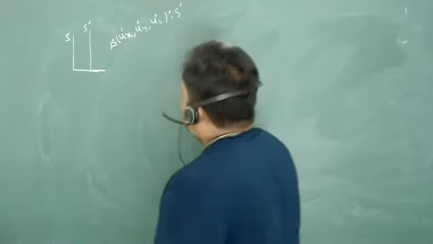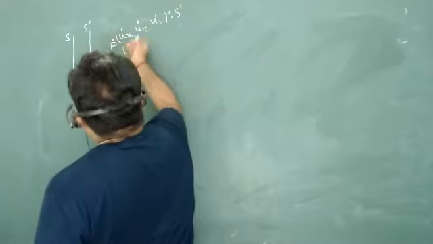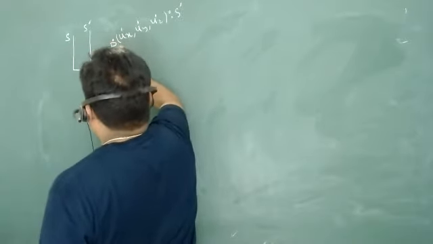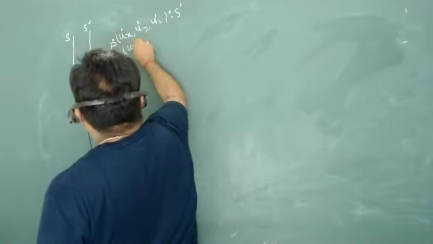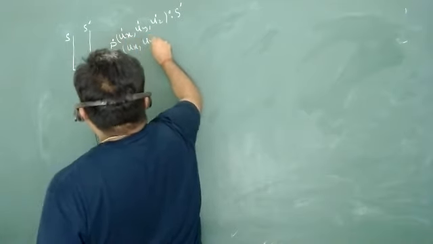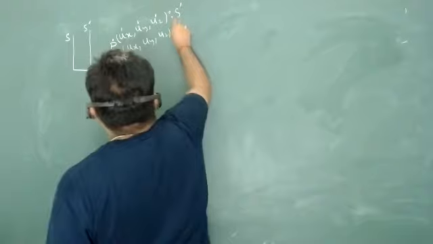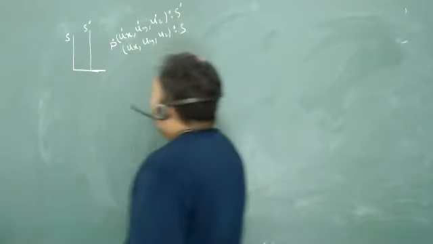Now, obviously, this point will have a different speed with respect to S, and let's say this is ux, uy, uz with respect to S.